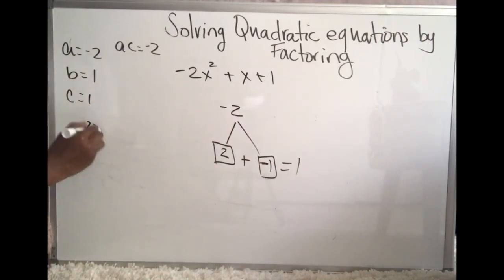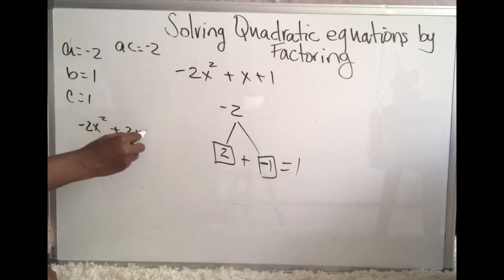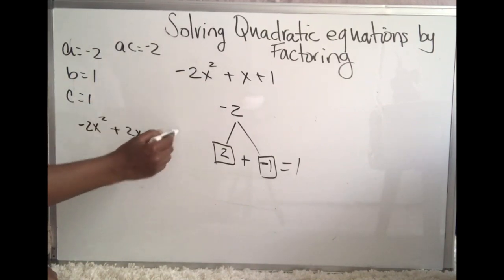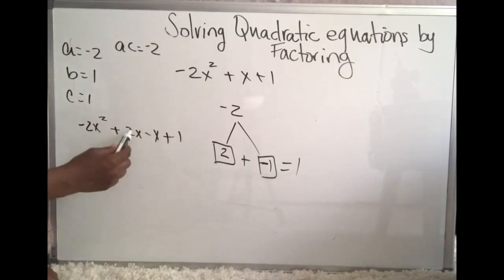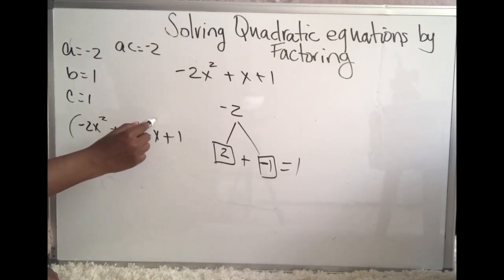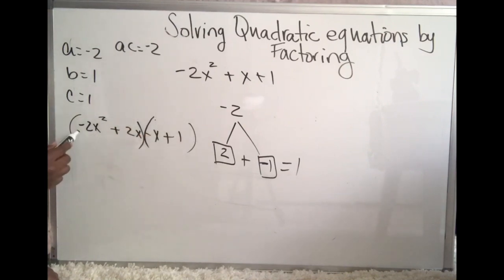Now I'm going to do my factoring by grouping. So I have negative 2x squared plus 2x minus x plus 1. So now I'm going to group everything together. Alright, so I have negative 2x squared plus 2x.